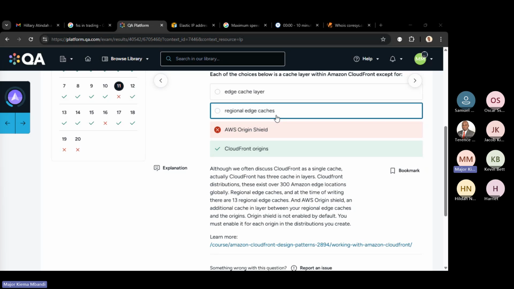And we'll also have AWS Shield, because Shield can also be used for CloudFront for DDoS protection, right? But it's not enabled by default. If you enable it, you have that layer. But CloudFront origins, these are not layers for CloudFront.